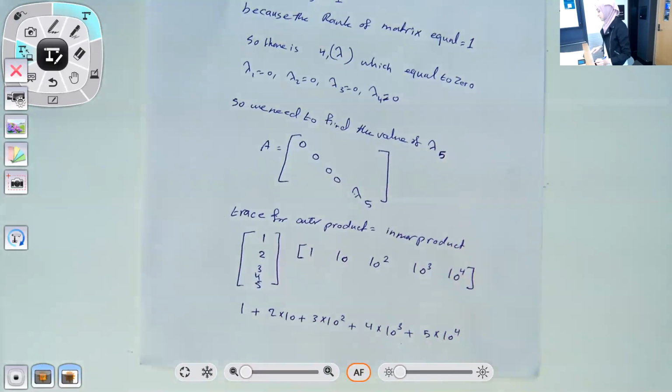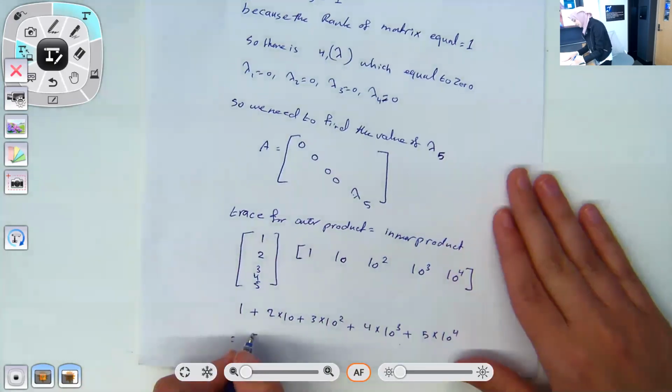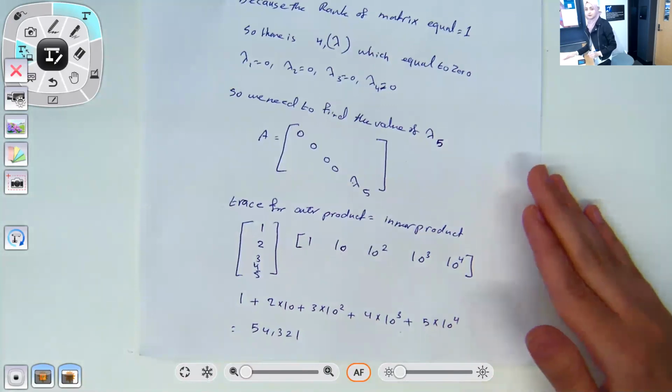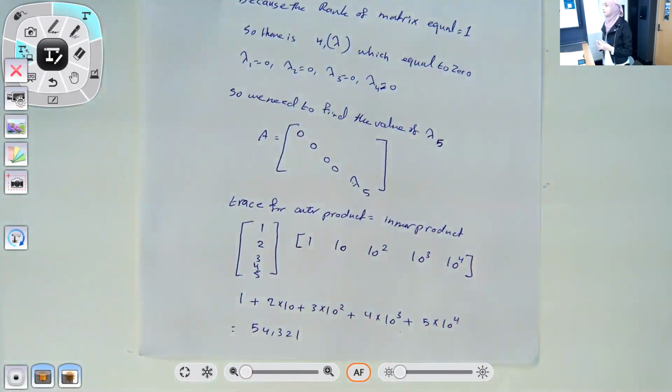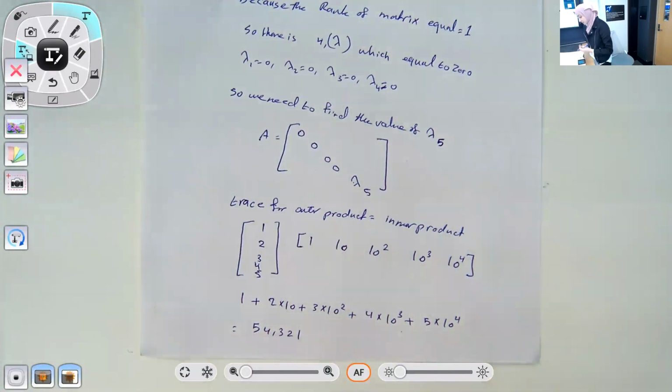Okay? And add it together. You will get the value 54,321. So this is the value of lambda 5. We have 4 zeros and 1 number, which is 54,321.